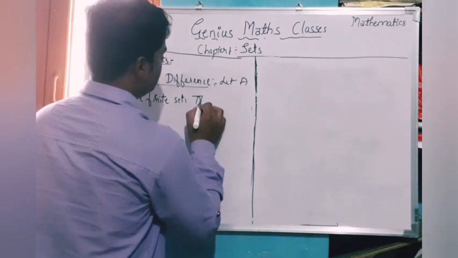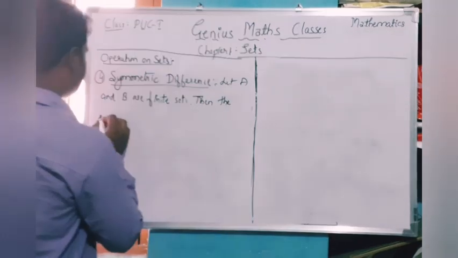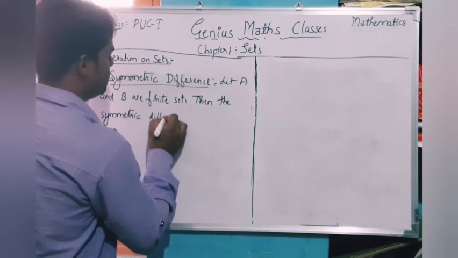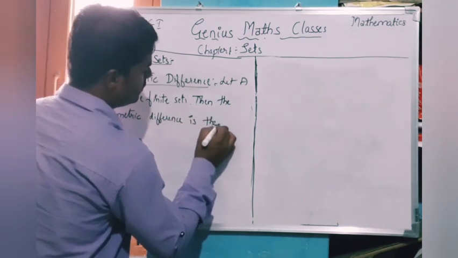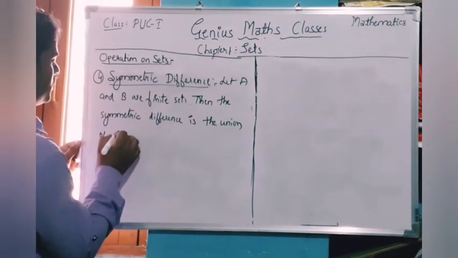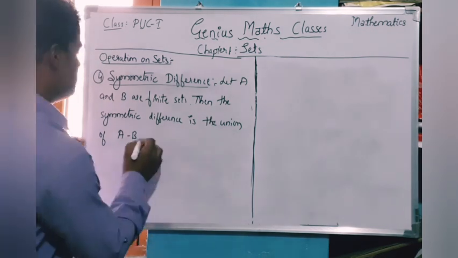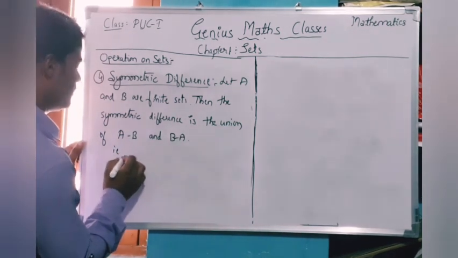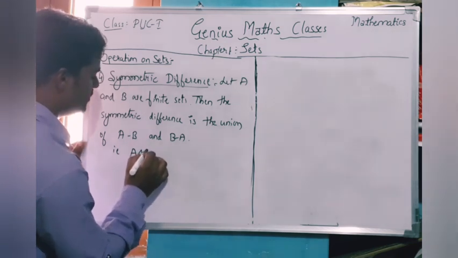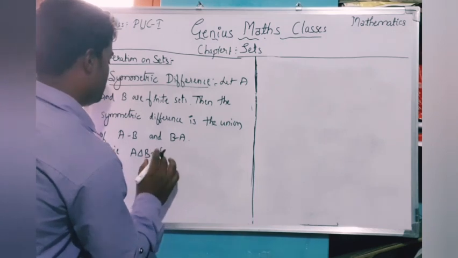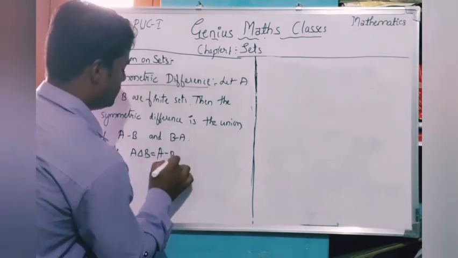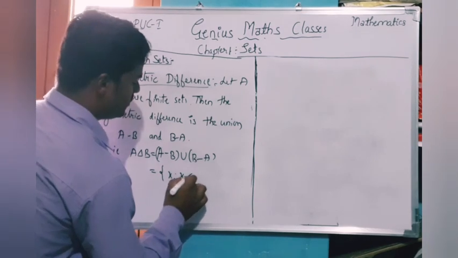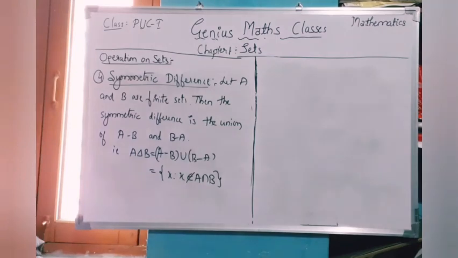Then the symmetric difference is the union of A minus B and B minus A. That is, A symmetric difference B is A minus B union B minus A. That implies X such that X does not belong to A intersection B. This is the symmetric difference.